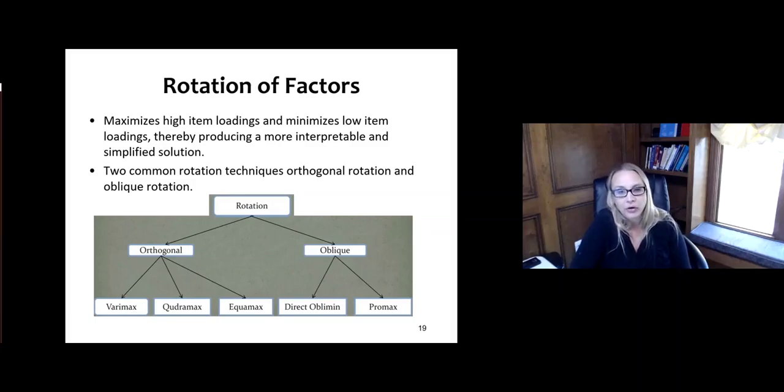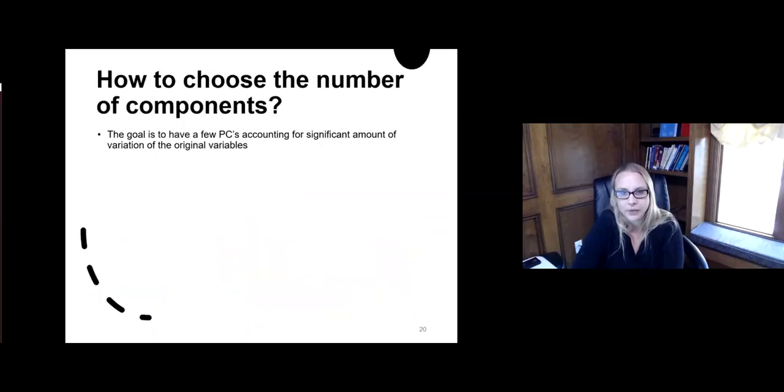So it makes the overall principal components more interpretable. Two common rotation techniques are orthogonal rotation and oblique rotation. With oblique rotation, the data underlying it is highly correlated, or the factors may have some level of correlation. If they're completely orthogonal, there's no correlation at all. You typically can just use the Varimax rotation, which is an orthogonal rotation.